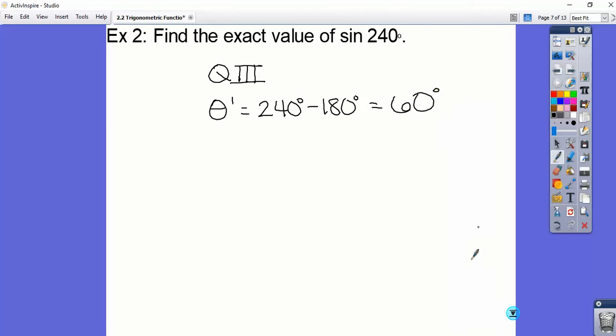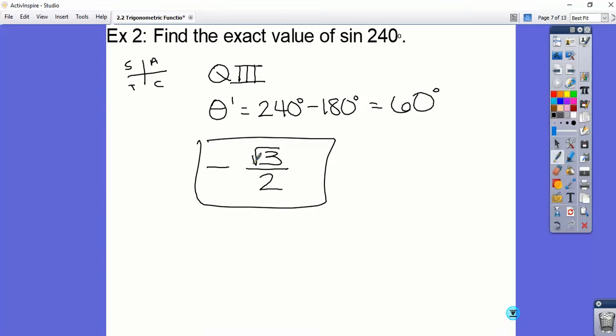Okay. So now, here's the two things that we're going to do. Talking about 60 degrees. What is the sine of 60 degrees? Radical 3 over 2. In quadrant 3, tangent is positive, so sine is negative.